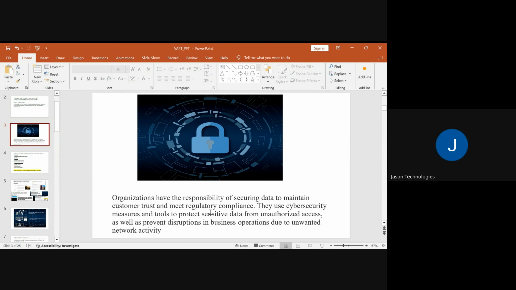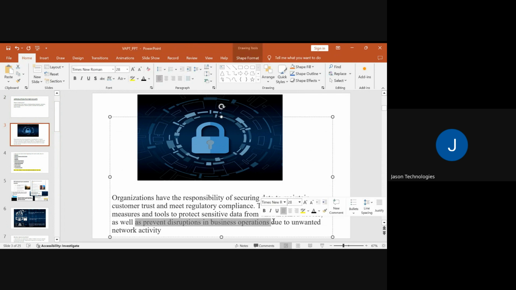Here, as you know, this point describes that they use cybersecurity measures and tools to protect sensitive data from unauthorized access as well as prevent disruptions in business operations. This point explains that when a new investor wants to invest in, let's say, XYZ organization, he checks the security of that organization as well as the audit report of that organization.